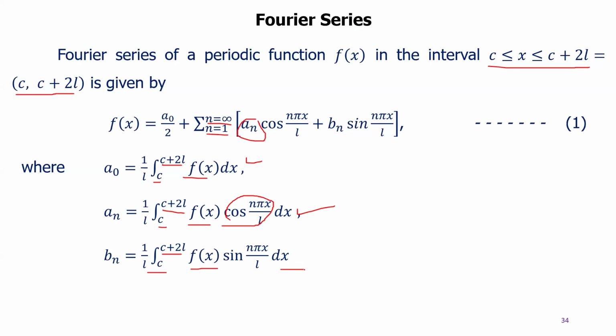This is the Fourier series of any periodic function in the interval c to c + 2L. Now, in the next slide, we see if we change the interval, then how we are able to write down the Fourier series.